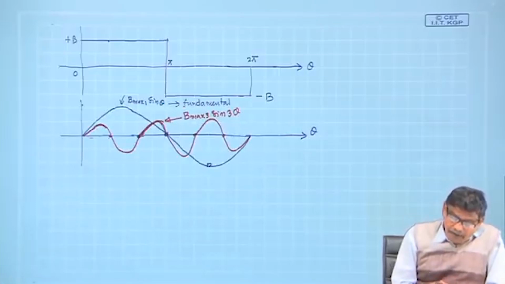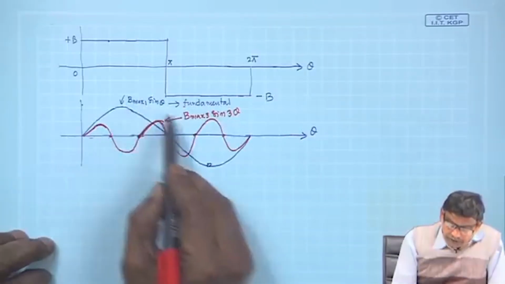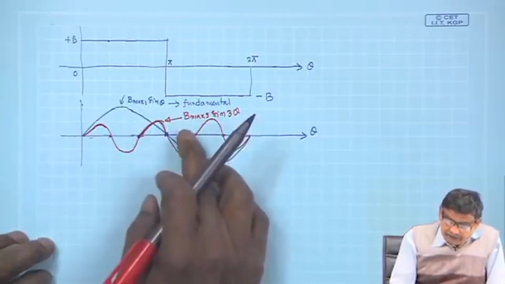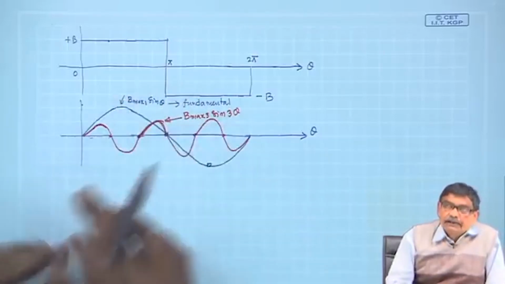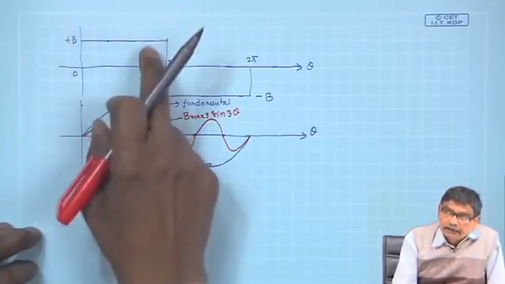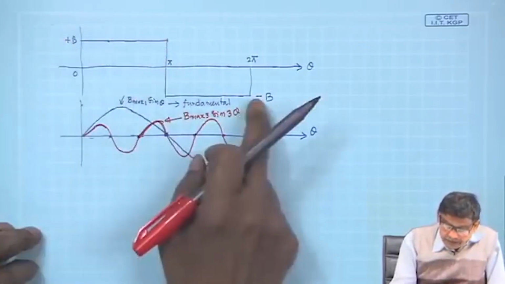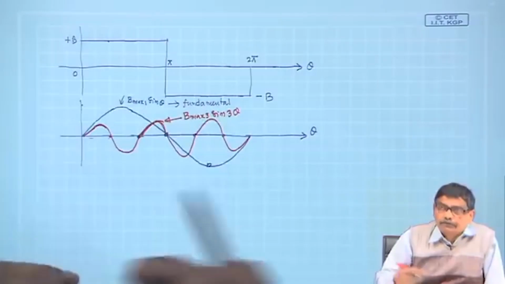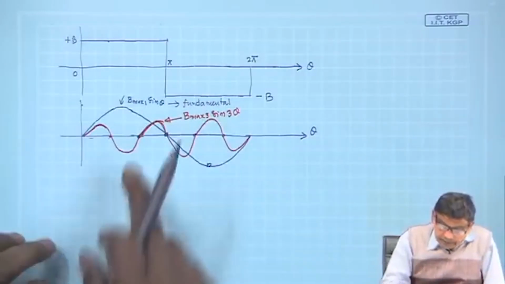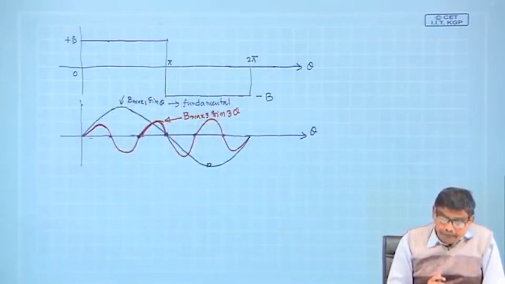Now, this B max 1, B max 3, their magnitudes I will get after Fourier analyzing this. If I know this B value, I will be able to find out some expression, and these amplitudes are known.